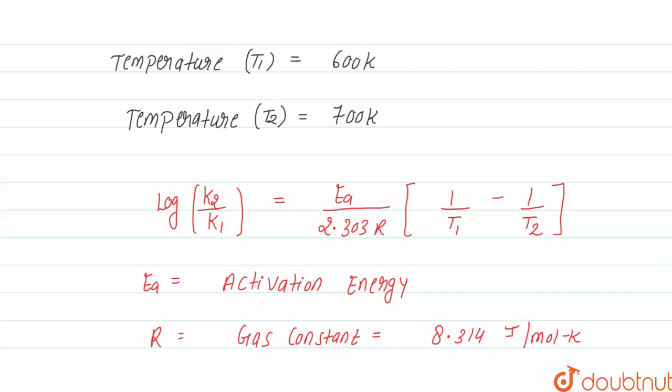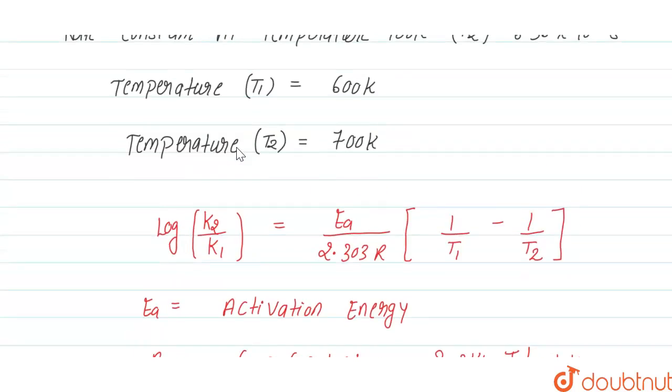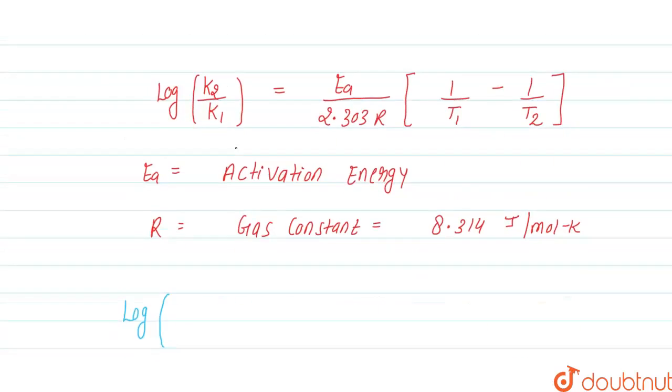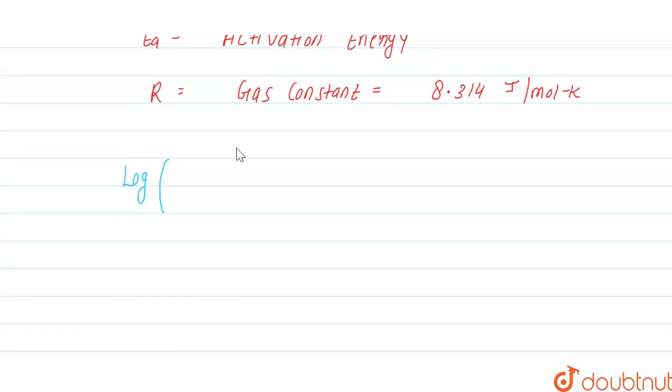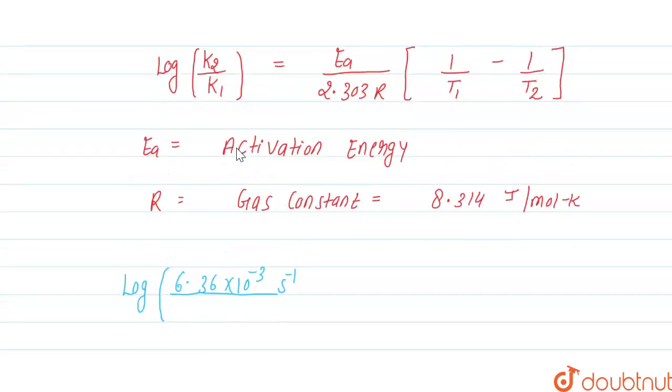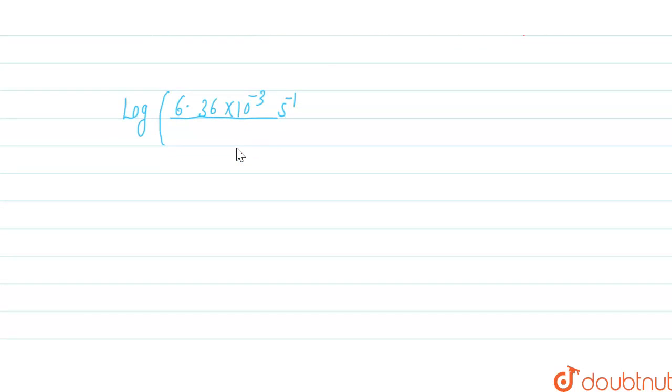Now put in the formula: log K2 by K1. The value of K2 is 6.36 into 10 raised to the power minus 3 second inverse, divided by K1, whose value is 1.60 into 10 raised to the power minus 5 second inverse.